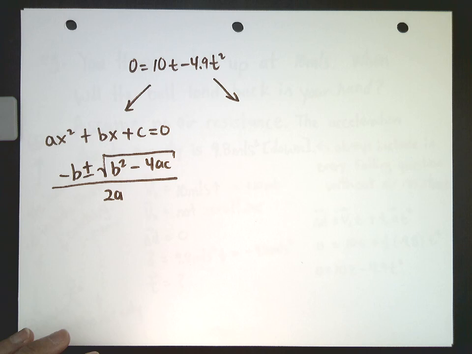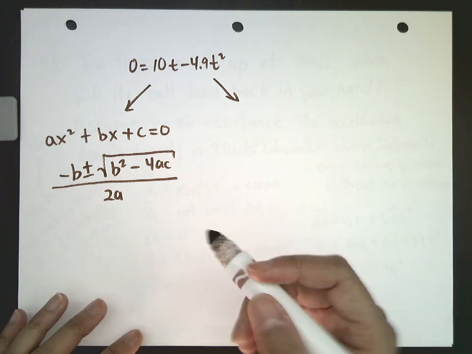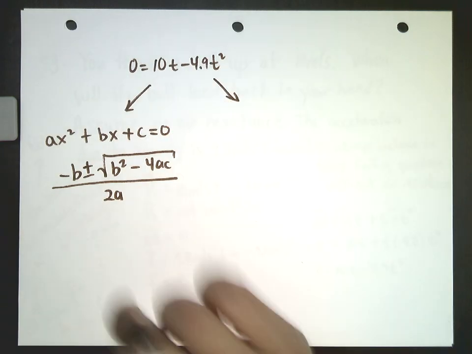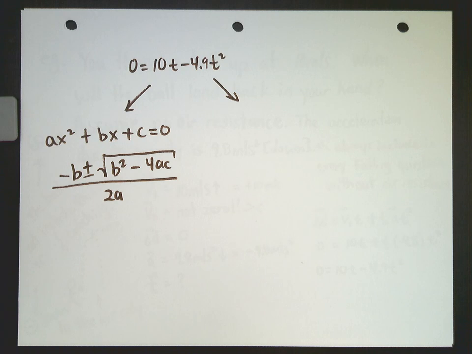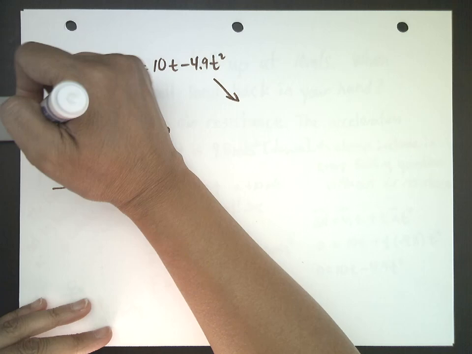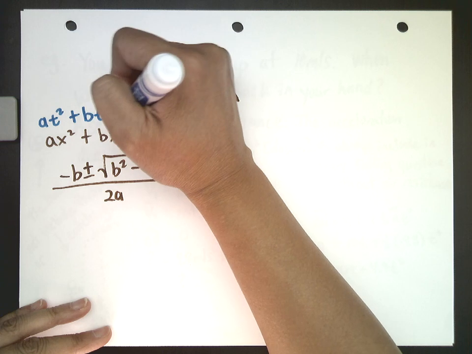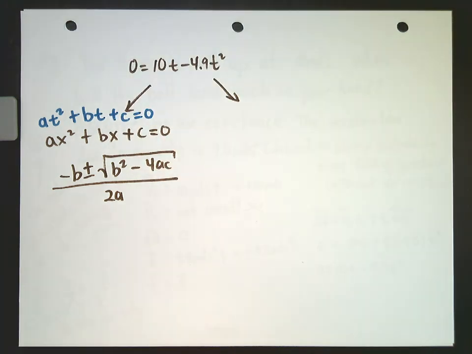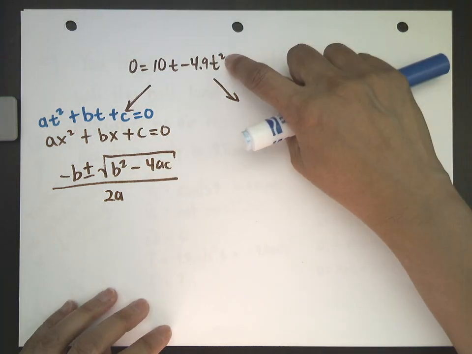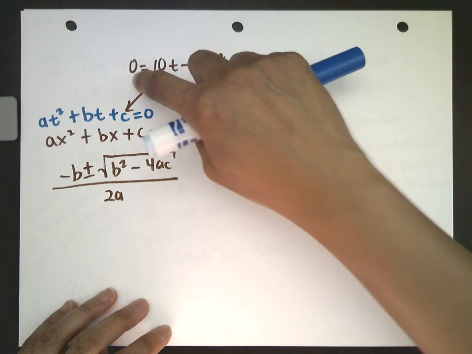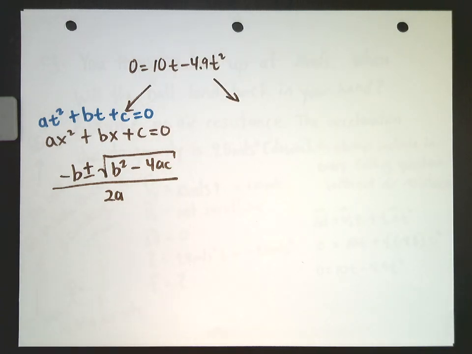Well, you have to rearrange the equation. So instead of this, which is math, what we do in physics is rewrite it like this: at squared plus bt plus c equals 0. And look, you have your t squared, you have the t, and c is equal to 0 in this case.